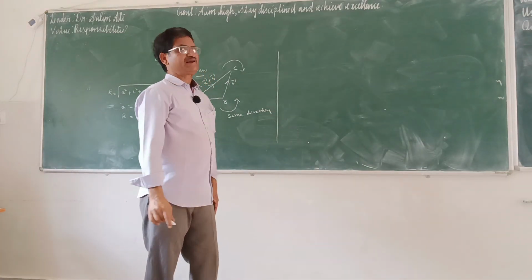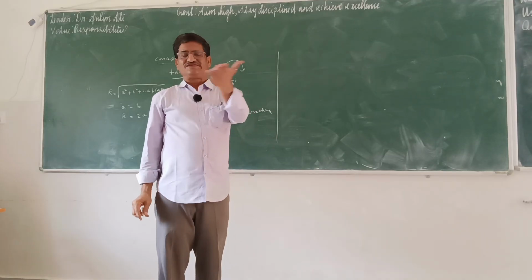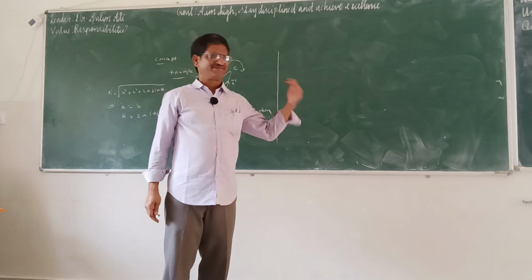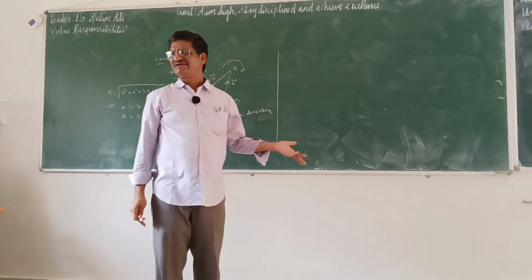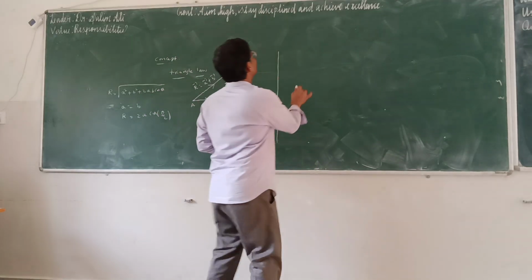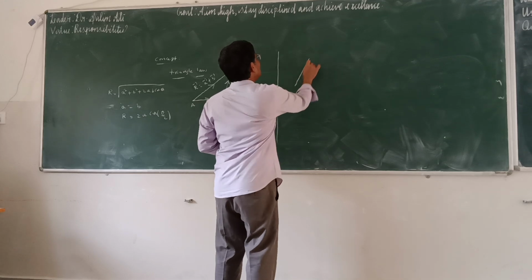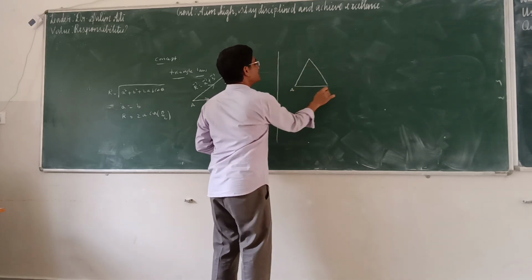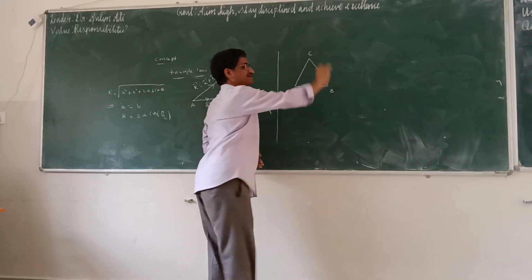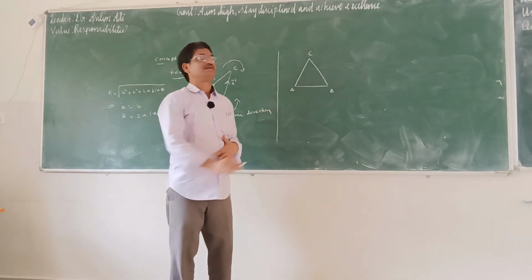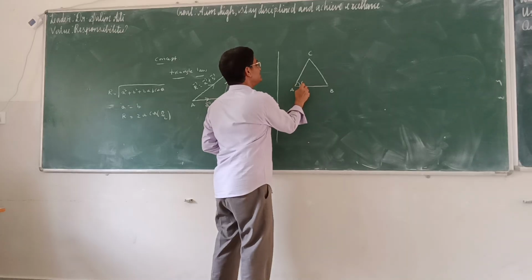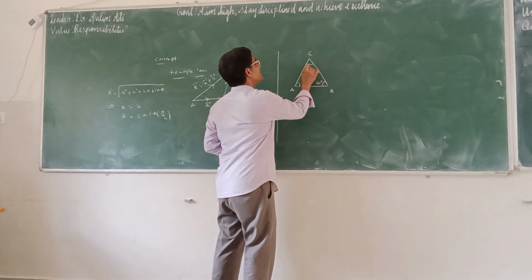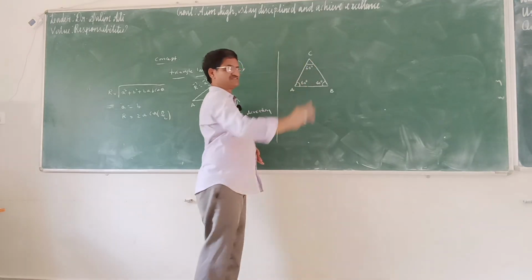So I will take one electric charge field problem. Many problems are there, even in gravitation. Okay, so see here, this is an equilateral triangle. What is this mark? Equilateral triangle means the angle here is how much? Yes, first zero.